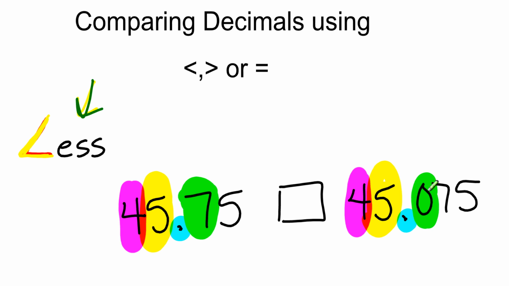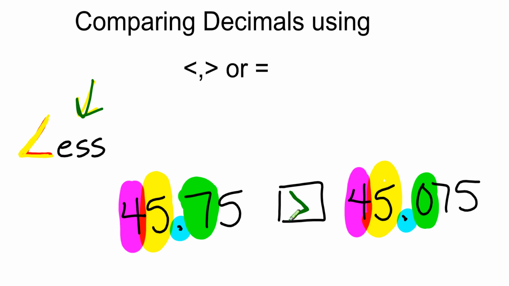So if we want to compare, the 7 is greater than the 0. So I'm going to draw the greater than sign in my box. So what you are saying is 45 and 75 hundredths is greater than 45 and 75 thousandths.